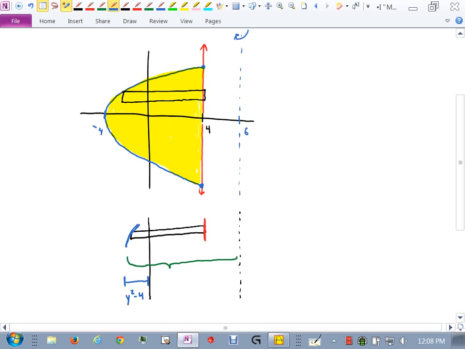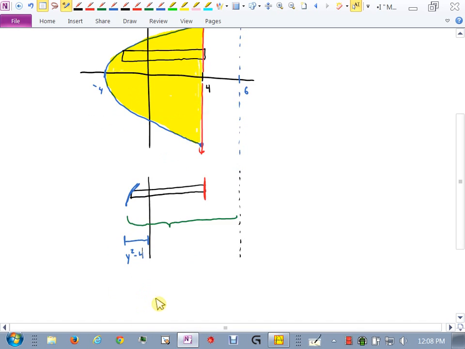Did y'all buy that? And then you have this distance, which is always going to be what? 6? It's from here to here? Okay, do y'all agree with this or not?